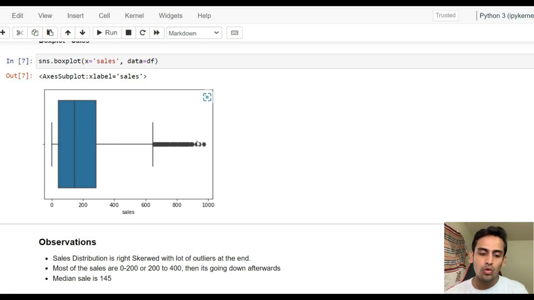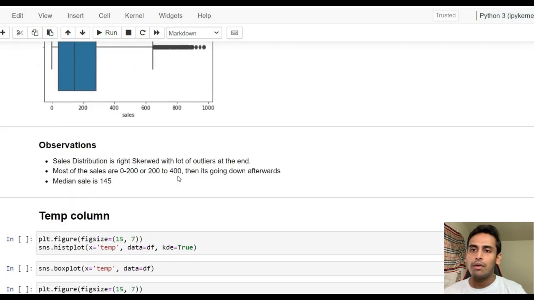Maybe this huge number is happening just for a particular day. There could be something like a public transport strike, so it is good practice to understand why these outliers are happening in my data. This is not what a box plot expects, because it's saying this is an out of trend pattern. So maybe it's time to deep dive into your data to understand why these outliers are happening.